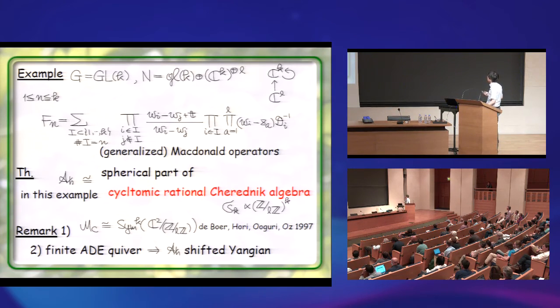If L equals 0, then it is the so-called trigonometric Cherednik algebra instead of the cyclotomic rational Cherednik algebra. And if I consider K-theory, then I get the ordinary Cherednik algebra.